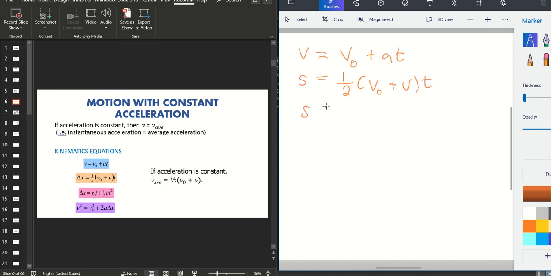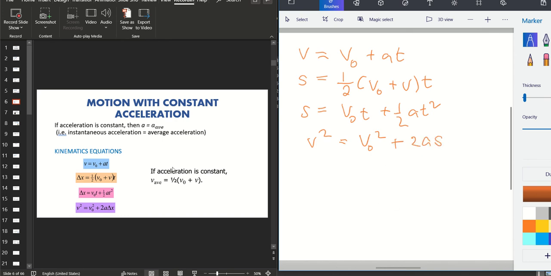Displacement can also be V naught times t plus 1/2 acceleration times t squared, or V final squared is equal to V initial squared plus 2 times acceleration times displacement x.